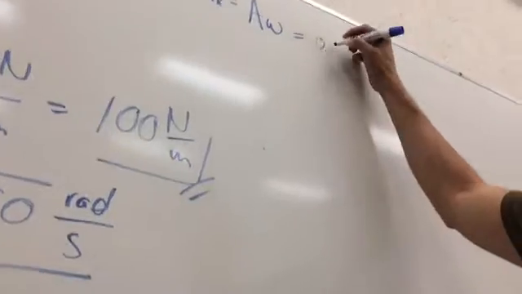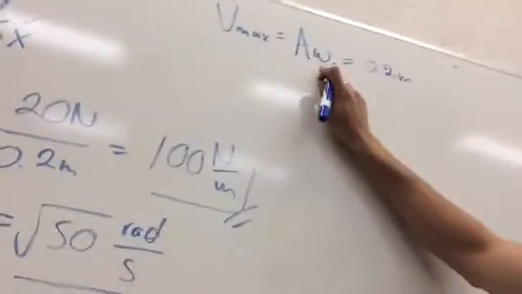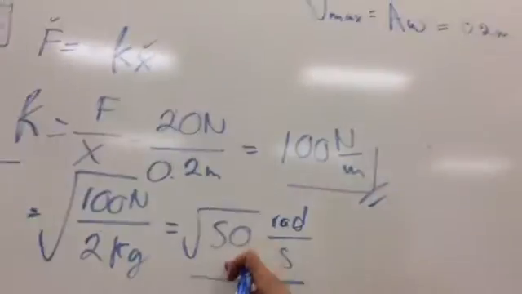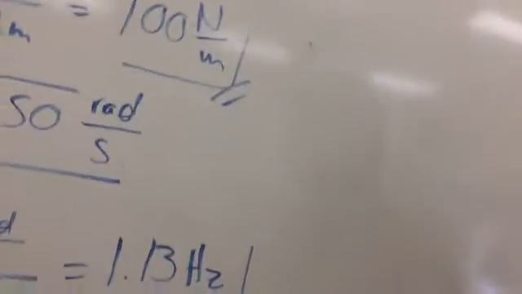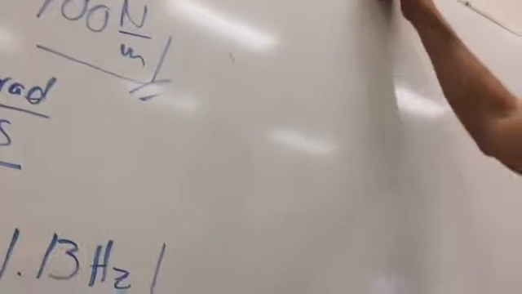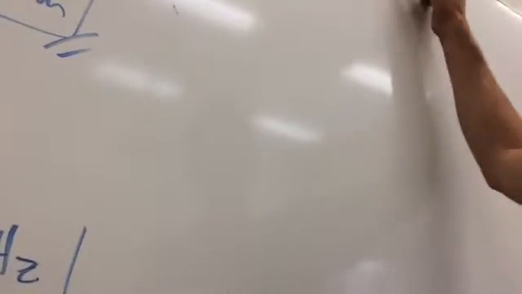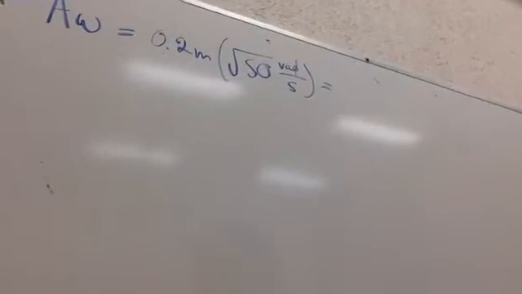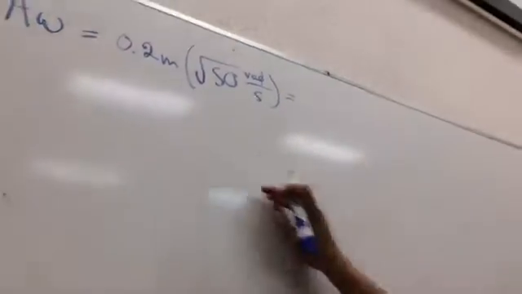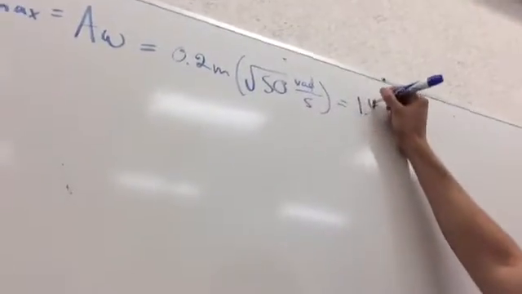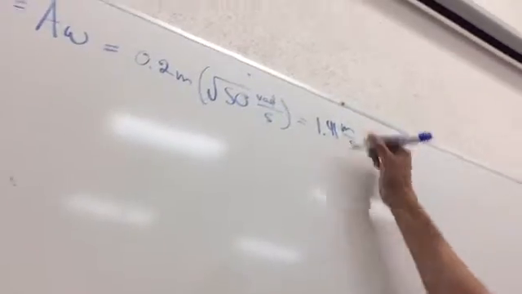So we have 0.2 meters times the omega that we obtained here, the square root of 50 radians per second, and we obtain that the maximum velocity is 1.41 meters per second.